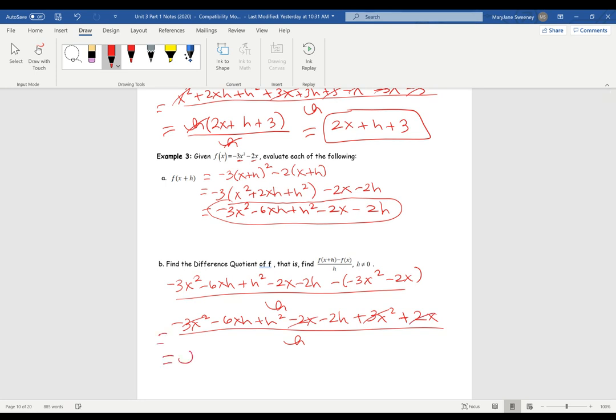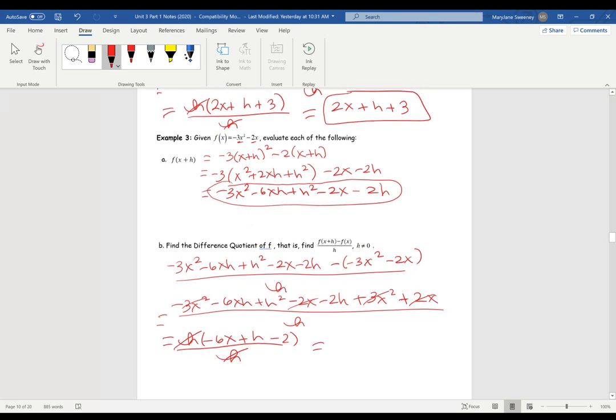Okay, on the top, I factor out an h. Cancel the h's, and this simplifies to -6x minus 3h minus 2.